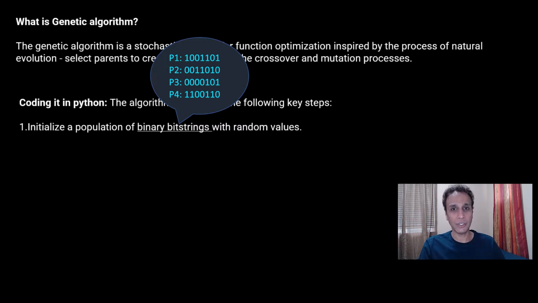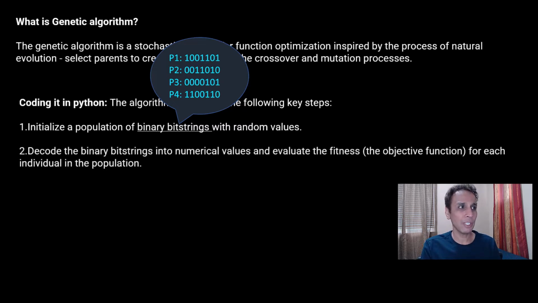One way to do that is to take a binary string and convert that into some sort of an integer, or take this binary string and convert that into a string, and then convert that into an integer, and so on. There are various ways you can do it, but again, the idea is to start the population of binary strings with random values, and then, like I just mentioned, decode the binary strings into numerical values. And those numerical values go into your objective function, so you can actually look at the fitness.